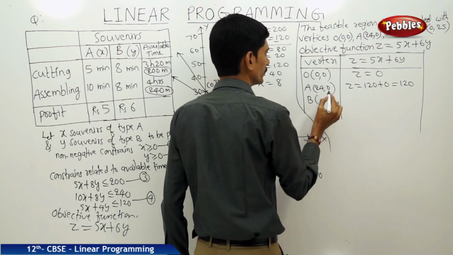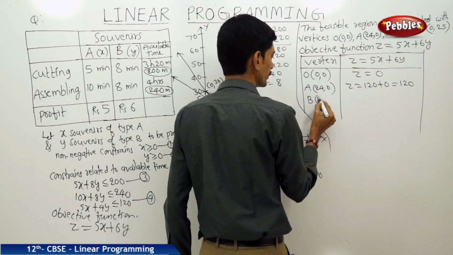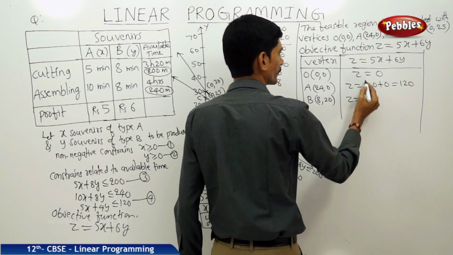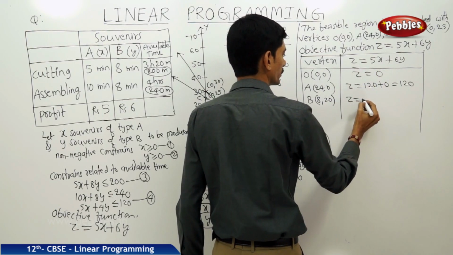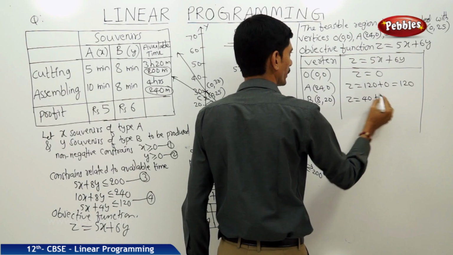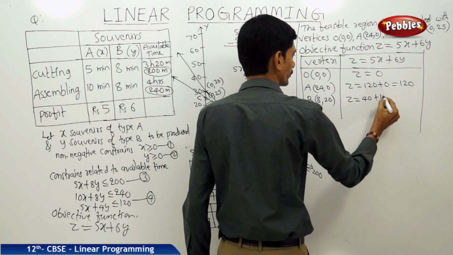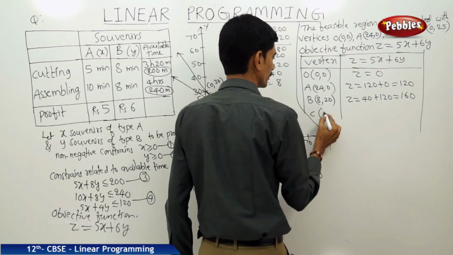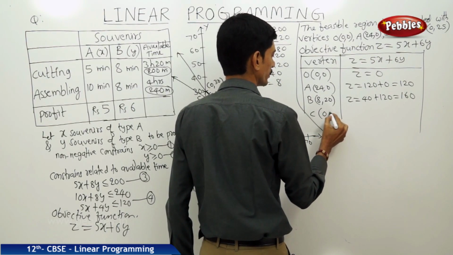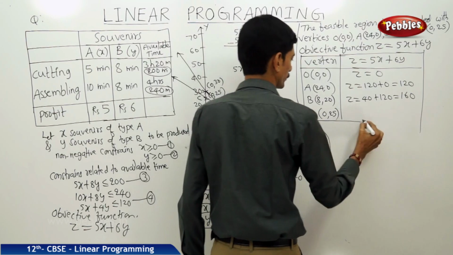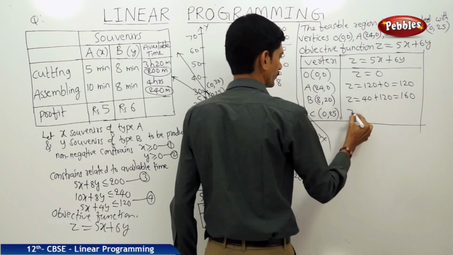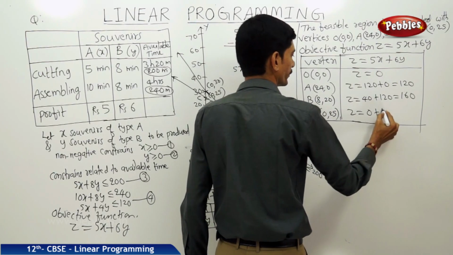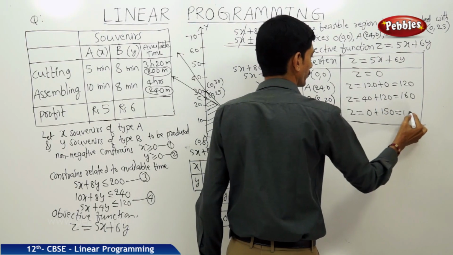At B 8, 20, then z value is 5 into 8, 40, plus 6 into 20, 120, so this equals 160. At C 0, 25, that equals 0 plus 25 sixes are 150, so that equals 150.